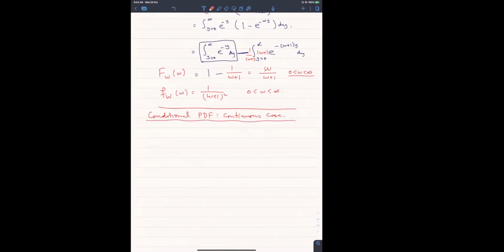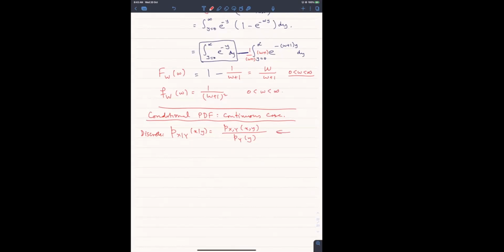In exactly the same way, if you recall, discrete के case में क्या था? Discrete के case में I will recall that P of X given Y is equal to the joint PMF of X and Y divided by the marginal PMF of Y. ये discrete के case में था.